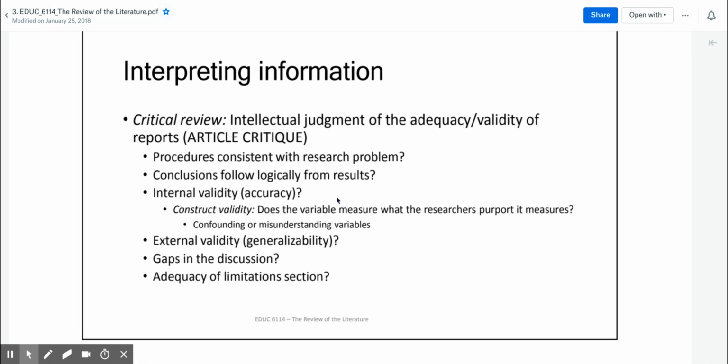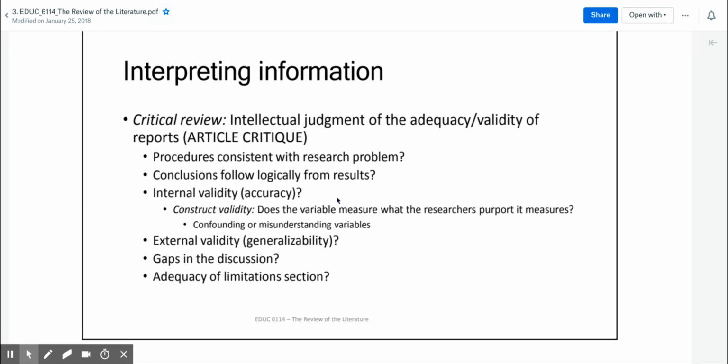That's another very important thing to investigate in a critical review. And also generalizability, whether this study is generalizable and replicable, right? All those pieces of information are important in the critical review, I mean the annotated bibliography portion.